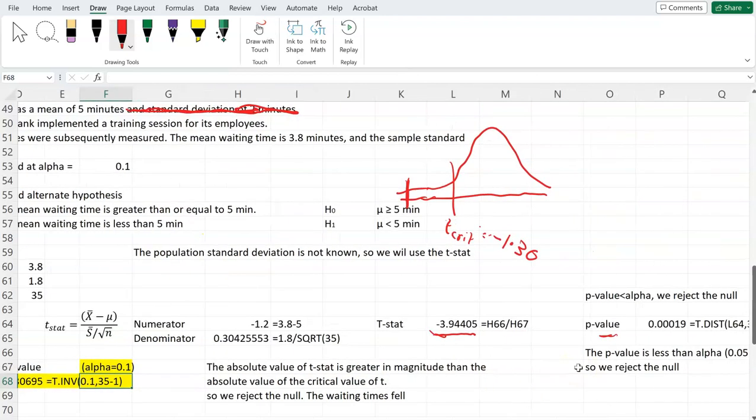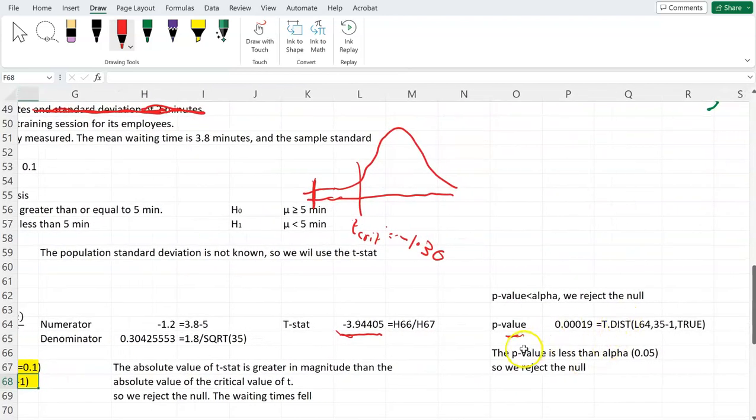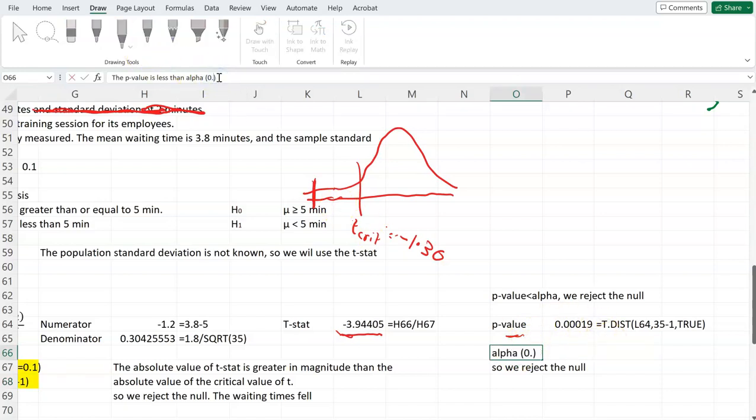So again, we plug it in here and we find that the p-value stays the same, but we have to update our alpha. Our p-value has to be less than 0.1 for us to reject the null, which it is, so we reject the null.